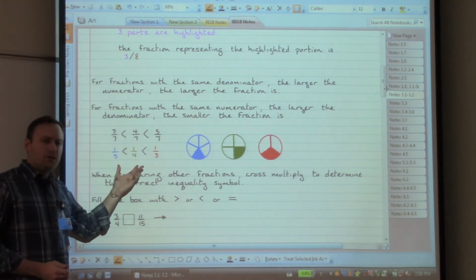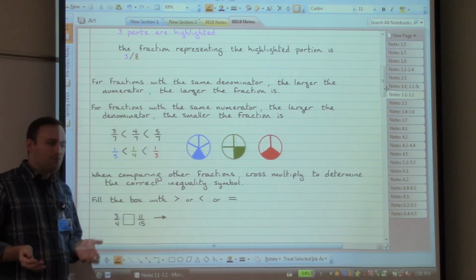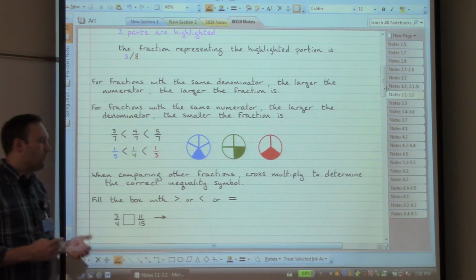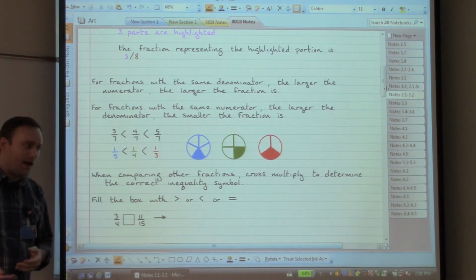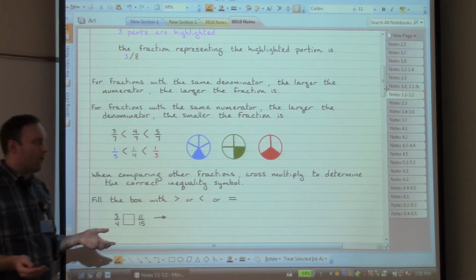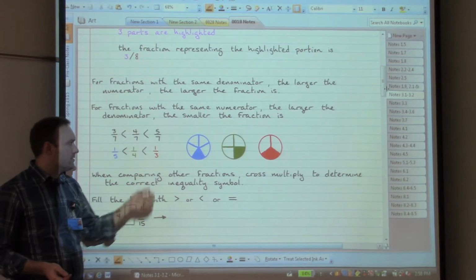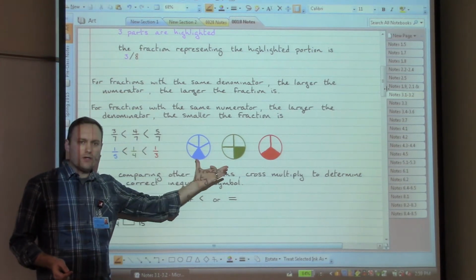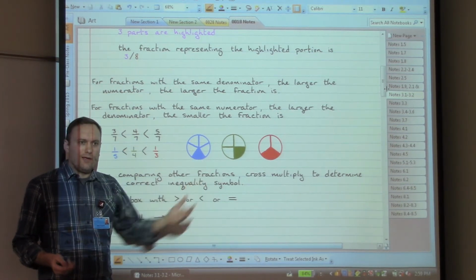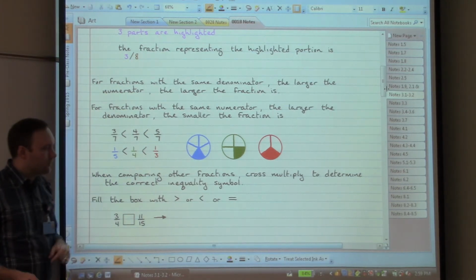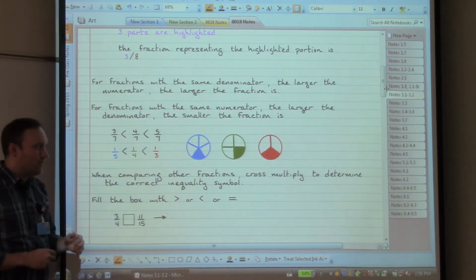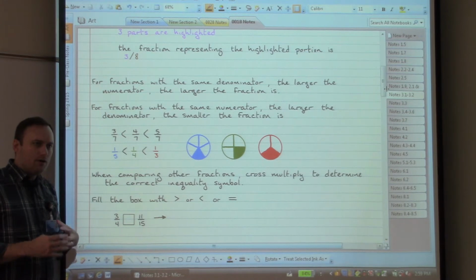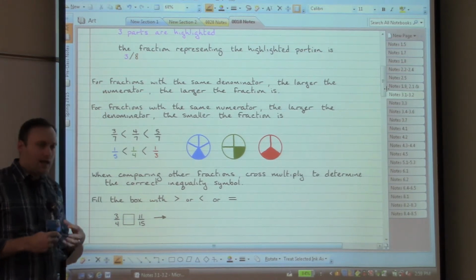But these are very particular rules, and we don't absolutely need to know them in order to compare fractions. In fact, we might not have any better way of comparing fractions with rules or pictures, and we don't want to be stuck.